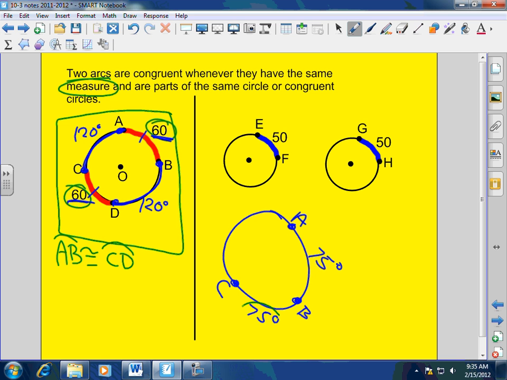Do they have the same measure? Do they share the same radii? So then they are congruent. They do not have to be across from each other. I just made that drawing across from each other so you could vividly see it, but they could be right next to each other just like you see here. Does that make sense?